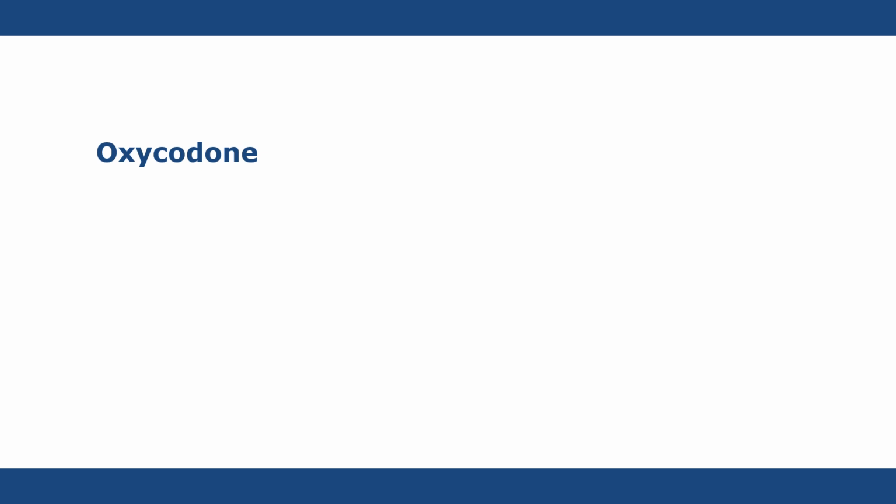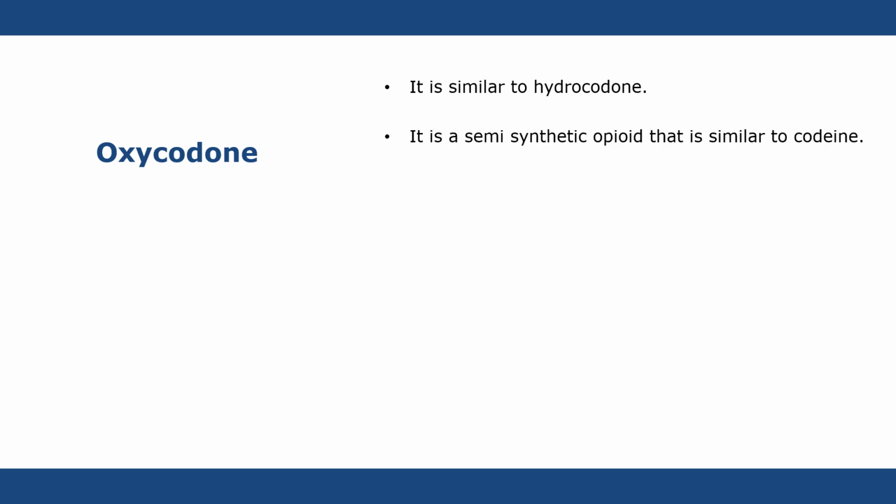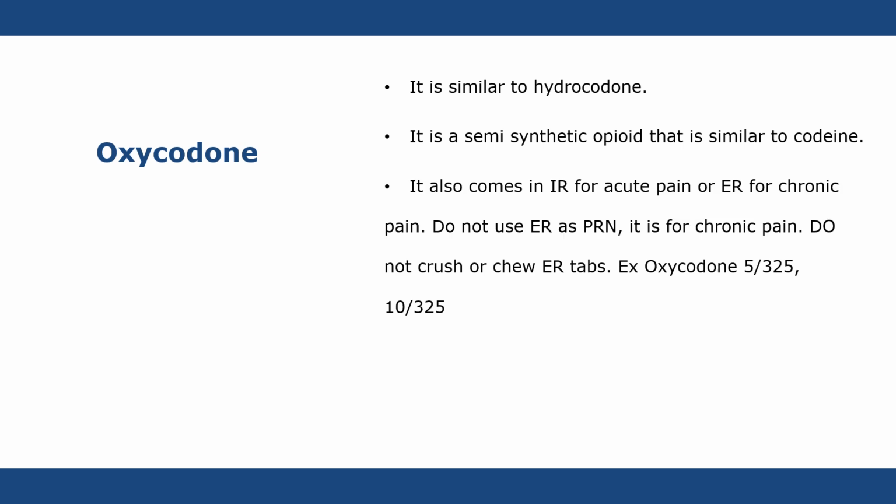So next drug is oxycodone. Oxycodone is very similar to hydrocodone. It is a semi-synthetic opioid, just like we talked about codeine. It also comes as an immediate release for acute pain, or extended release for chronic pain. We know the rule of thumb is that anytime we use ER, that medication cannot be used as a PRN, right?